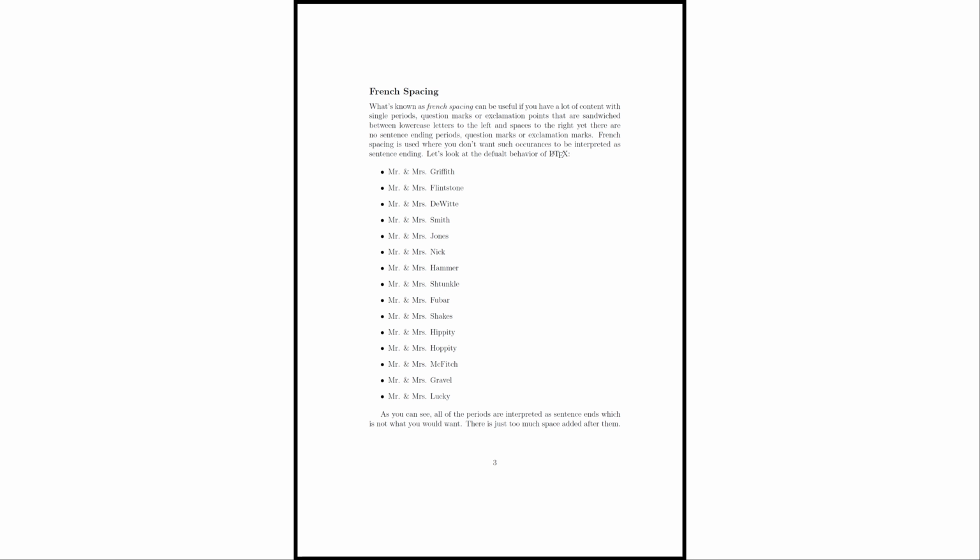So here with this list, we've got a Mr. and Mrs. Griffith, Mr. and Mrs. Flintstone, and you've got all these spaces following the periods, and before the periods you've got lowercase letters. So LaTeX is interpreting all these things as ends of sentences, which is why you've got too much space in there. Okay, and we want to reduce the amount of space.